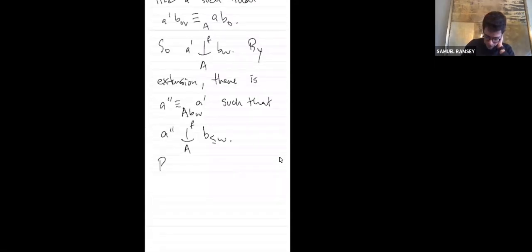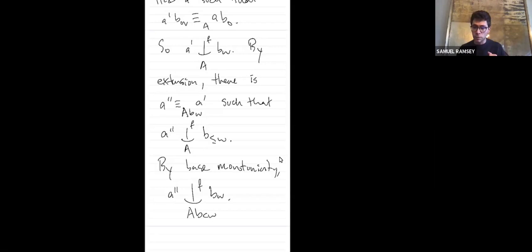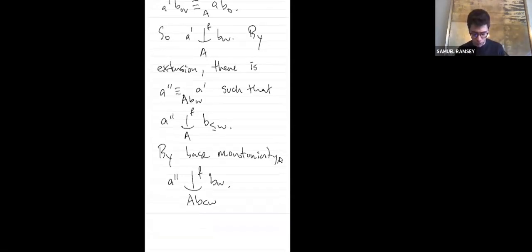So by base monotonicity, A prime prime is independent over A B less than omega with B omega. So all we did was we moved something from the right into the base. And that means that we've made a weaker statement. So this is certainly true.